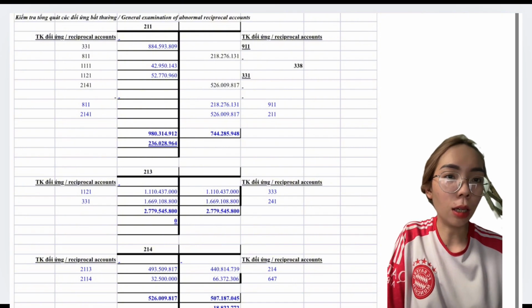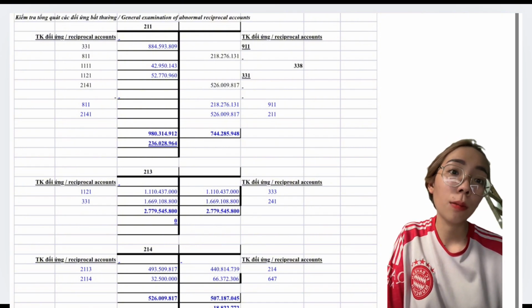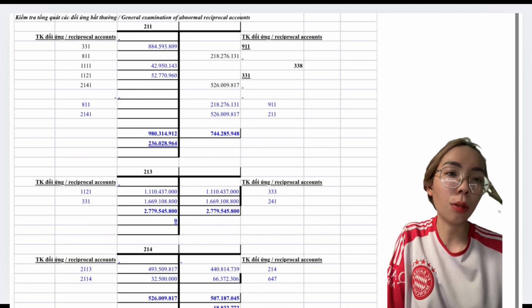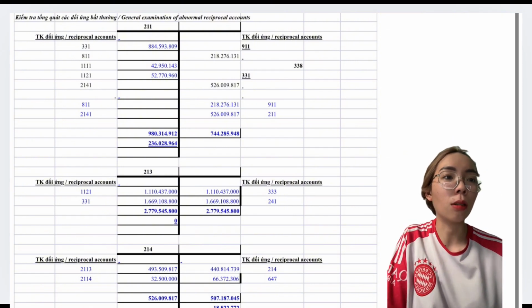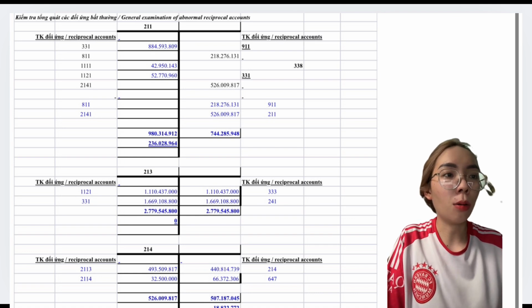So the difference is more than 200 million, 236,028,964, signaling a possible misstatement or unbooked offsetting entries.